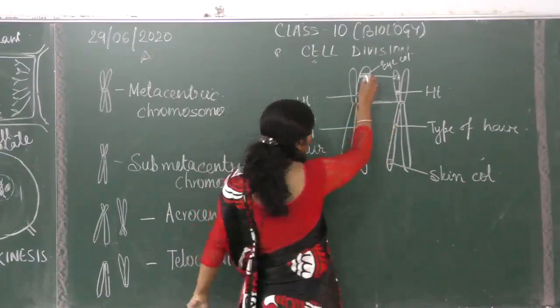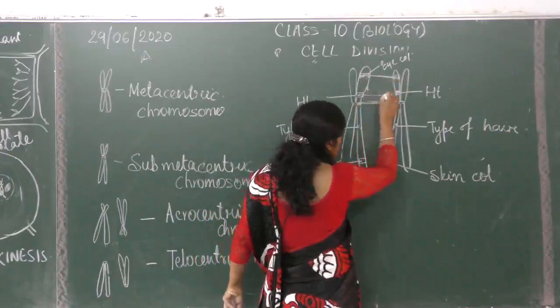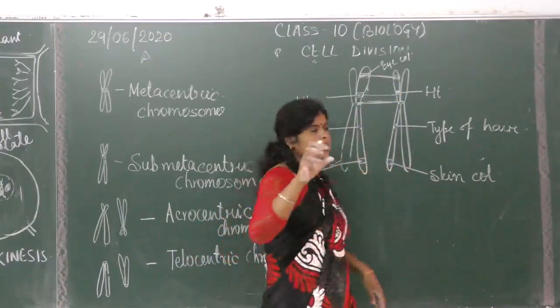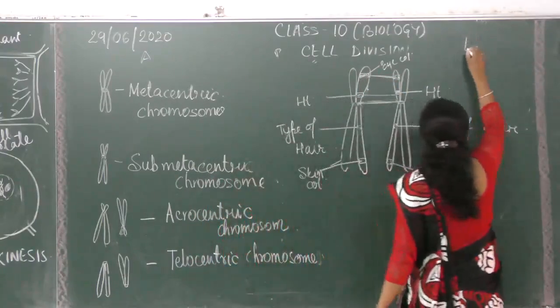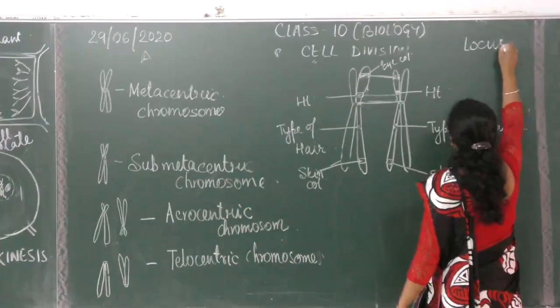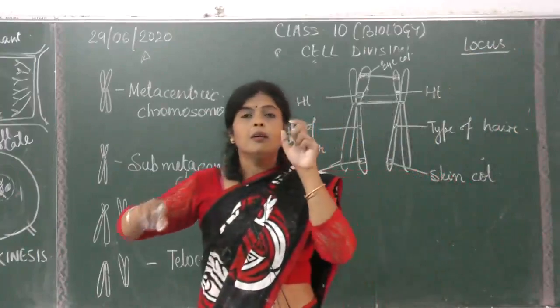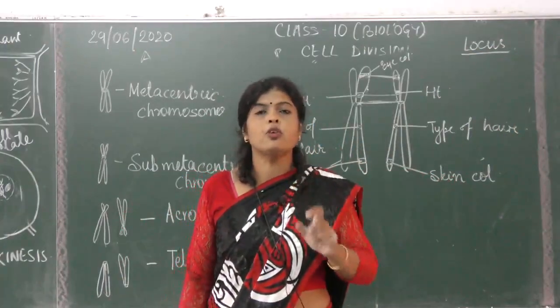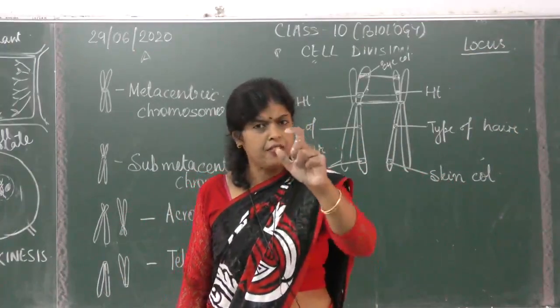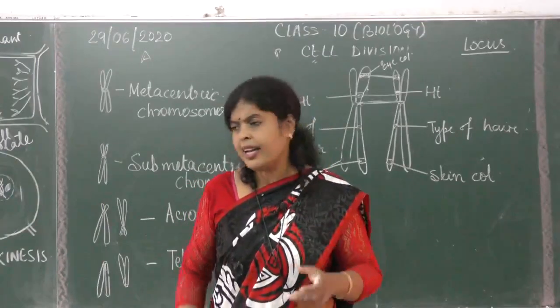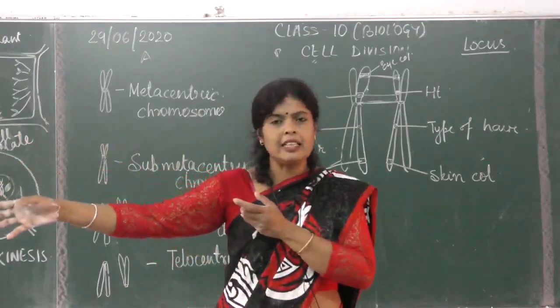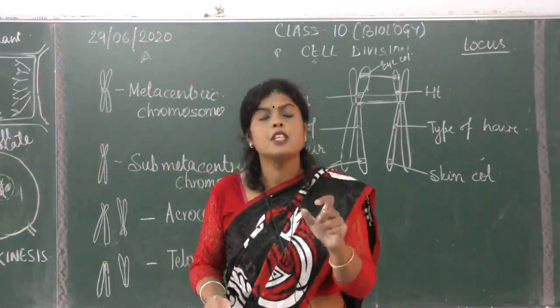They are always located at the same position, and that is known as the locus. Locus. What is locus? This term should be known by you. It is the position of a gene on a chromosome. Every gene has its position. It's not that wherever they feel like they can be. No, they have a position.